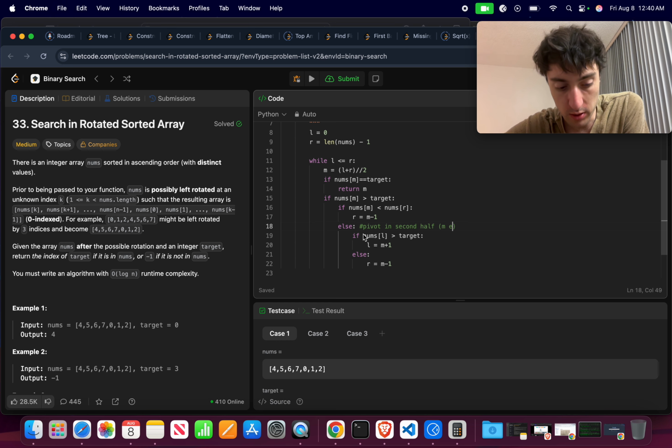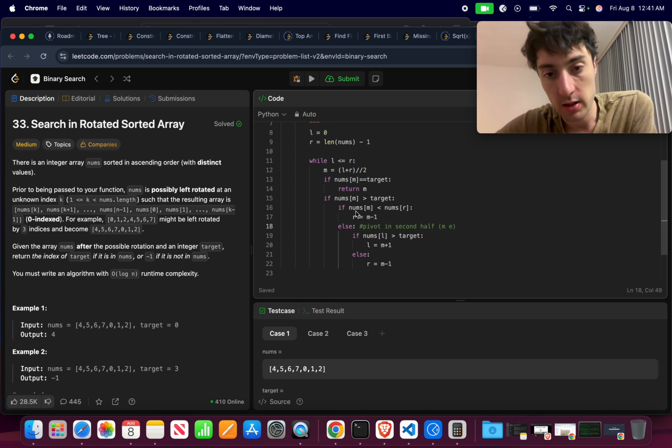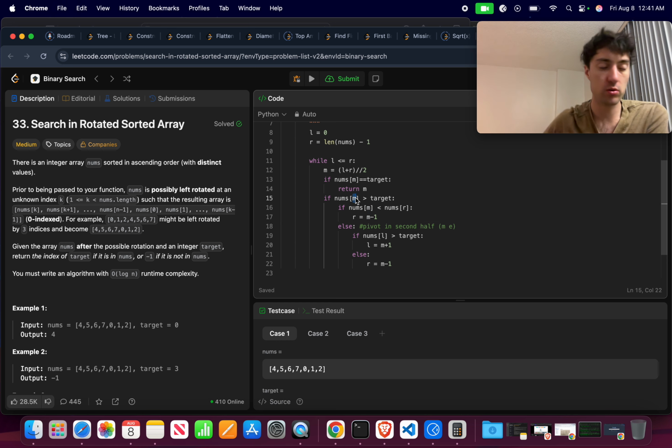Now I want to check, and remember that the midpoint is too big. The midpoint is too big. So what do I want to throw away? That's my question. What do I want to throw away?